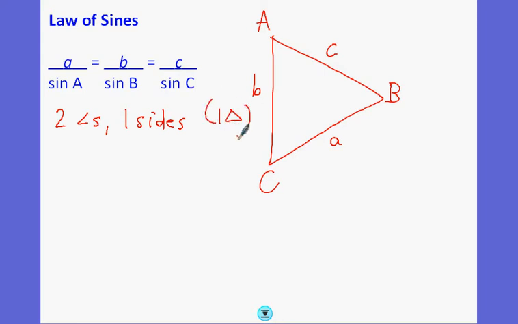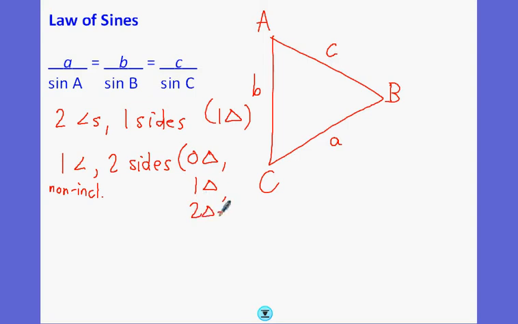However, and we saw this today, if they tell us 1 angle and 2 sides, and this angle is non-included in the sides, 1 angle that's not included in these 2 sides, then it's possible that there are no triangles that match that. You could have 1 triangle or you could have 2 triangles. This is because of the ambiguous case of the law of sines.